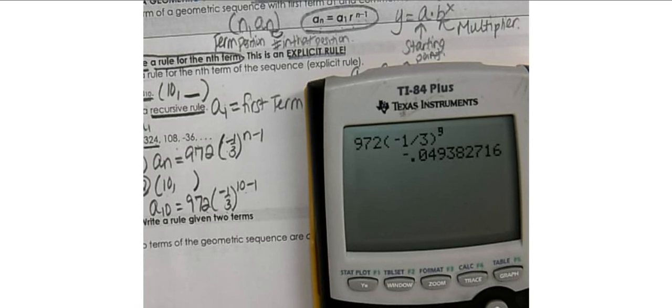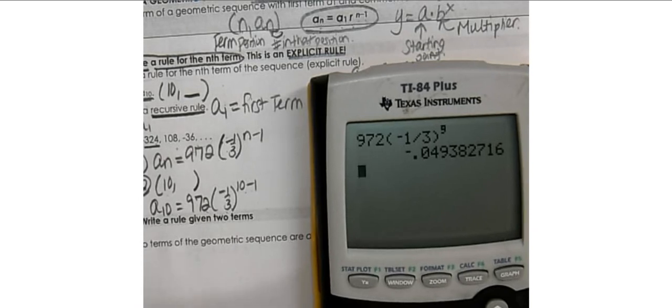Now, I strongly recommend that you use a graphing calculator on your test and you go math enter, because I'm going to be requiring you to give me your answers as fractions unless otherwise specified. So in this case, our 10th term is negative 4/81. So I'm just going to put negative 4/81 into my ordered pair.